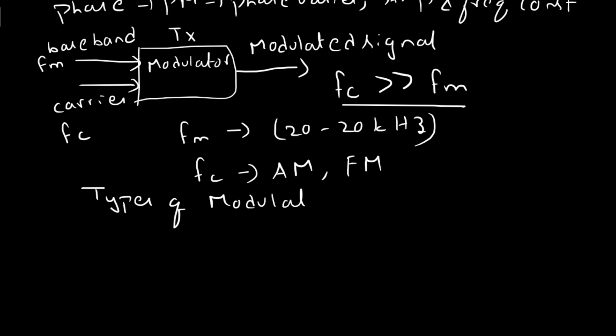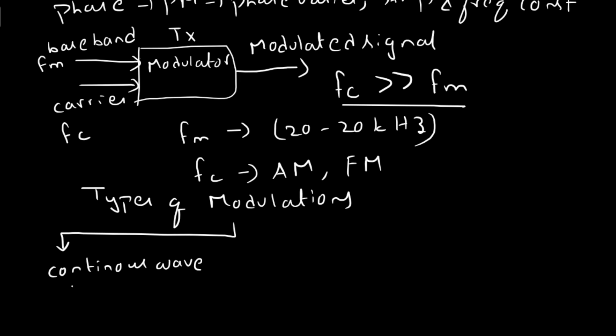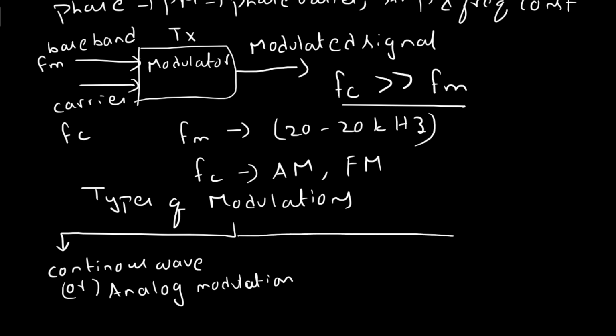So here the modulations are classified into two types. One is continuous wave modulation, which is also called analog wave modulation or analog modulation. Coming to the other type, which is pulse modulation.